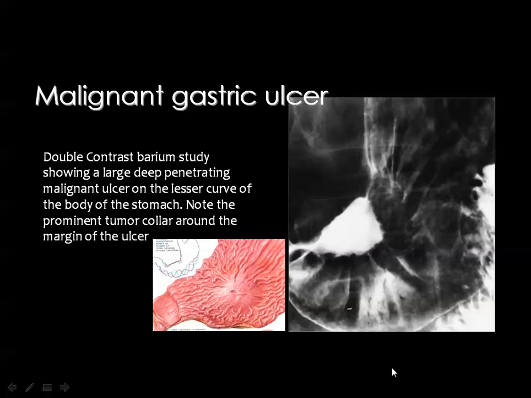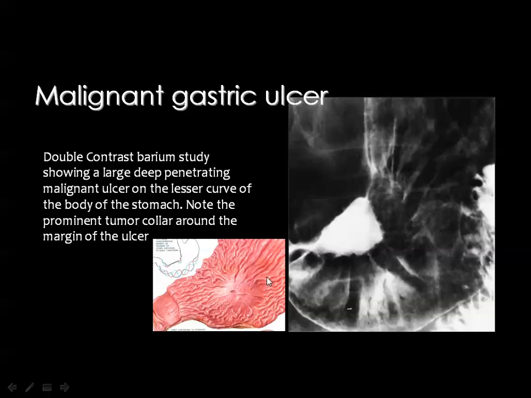But if you look at the mucosal folds, and you can see that the fold stops away from the edge of the ulcer, like this fold and this one, then you know that this is a malignant ulcer infiltrating the adjacent muscle layer of the stomach, as well as the mucosa.